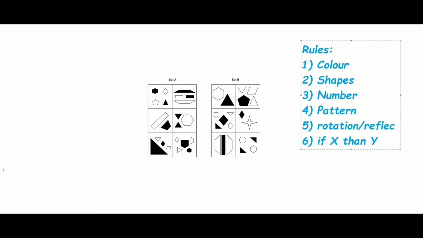I on purpose want to show you rotation and reflection because 5 really means an advanced version of 2. I'll leave it like this.